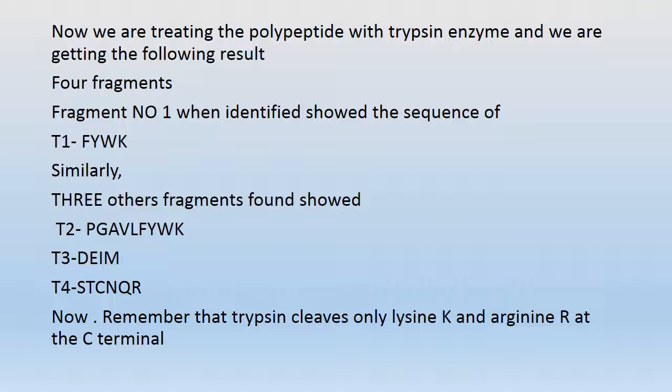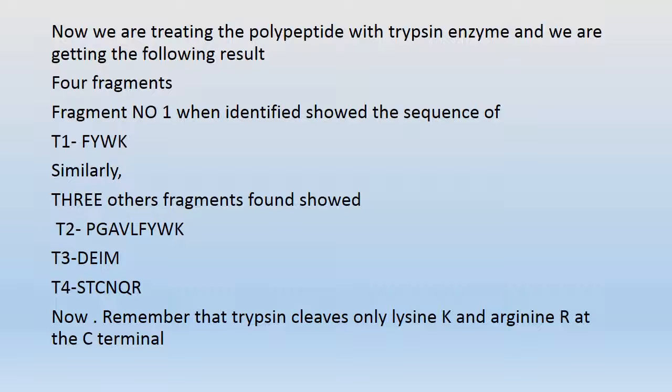It means that after lysine, whatever comes after will be cleaved. After the C-terminal of the lysine and arginine, whatever amino acid we are having will be cleaved. For example, in this case you have phenylalanine, tryptophan, tyrosine, lysine, and suppose after this lysine you have valine, isoleucine, leucine.